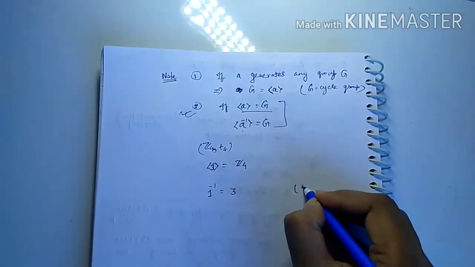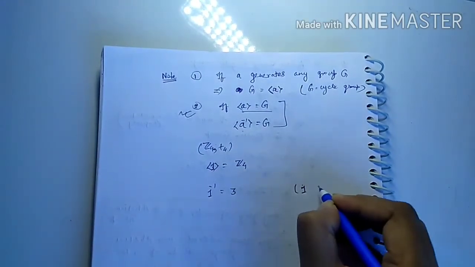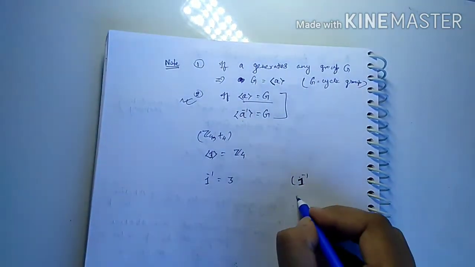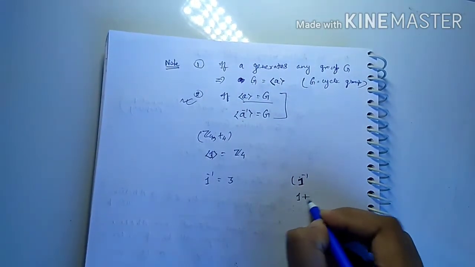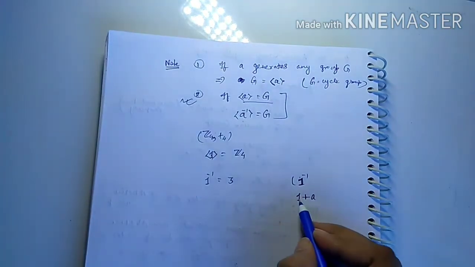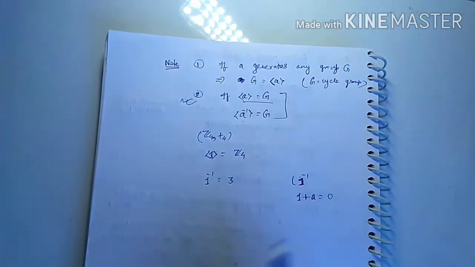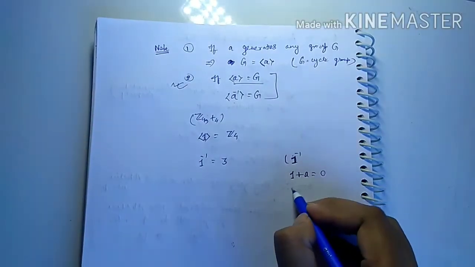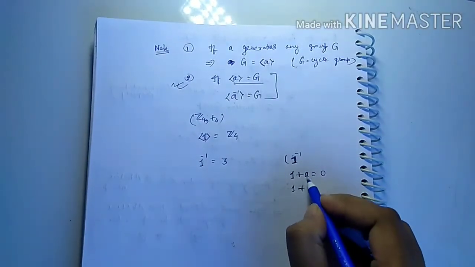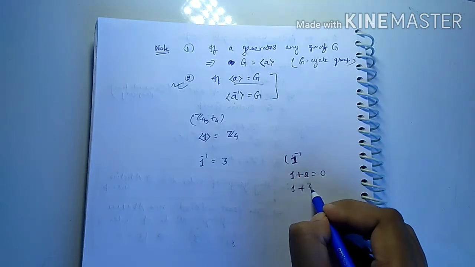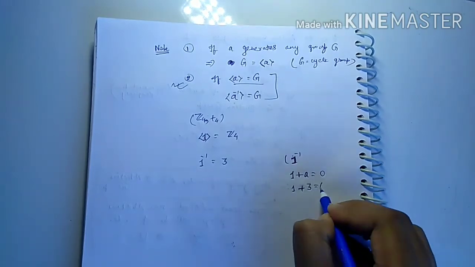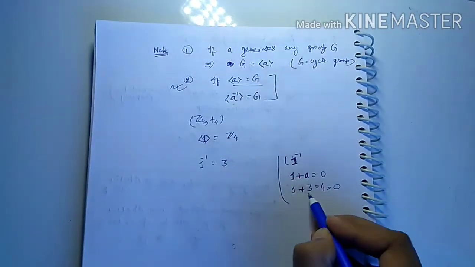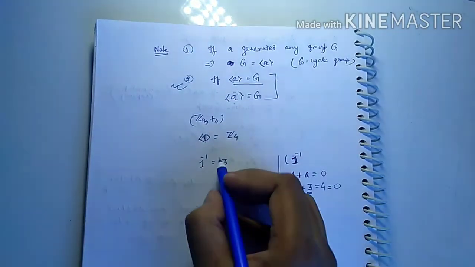That means we have to find the inverse of 1. If we say A is the inverse, then 1 plus A must be equal to 0. And if we put 3 in the place of A, then 1 plus 3 is equal to 4, and 4 is 0 in this group. So 3 is the inverse of 1.